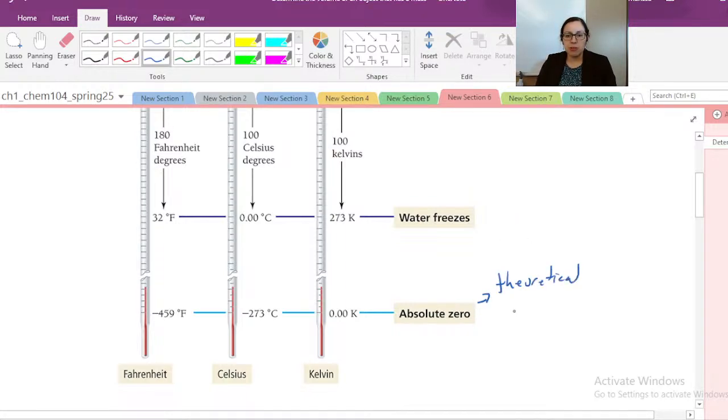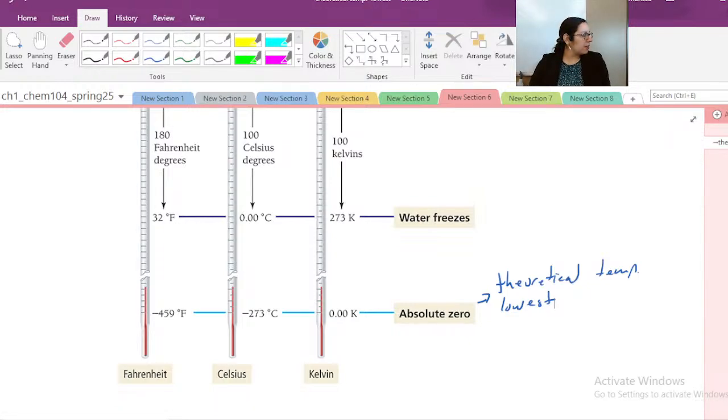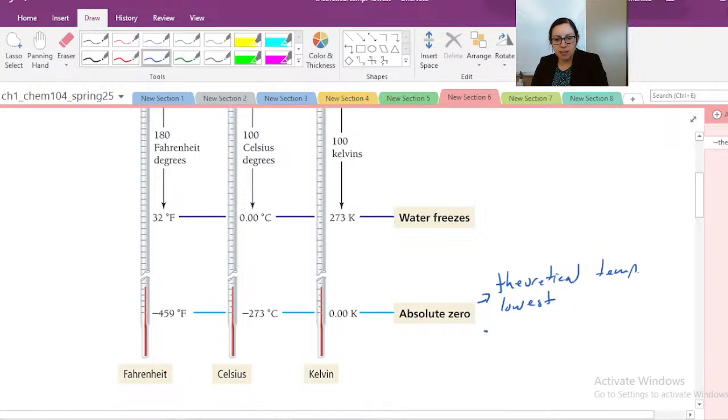It is the lowest, but what defines absolute 0? No energy at all. Yeah, no energy or no molecular motion is usually how it's phrased. So excellent. I'll put no molecular motion.